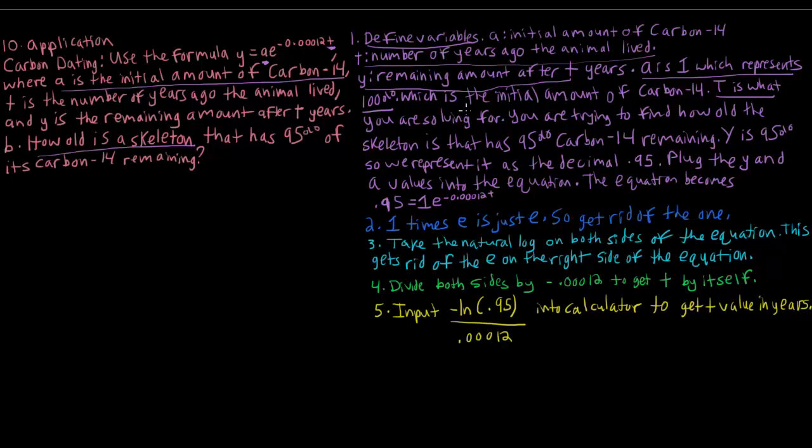So you're trying to find out how old the skeleton is that has 95% carbon 14 remaining. y is 95% because y is the remaining amount of carbon 14 after so many years. It gives us a y value. It says it's 95%. If we represent that as a decimal, that's 0.95. So now let's plug the y and the a values into the equation.